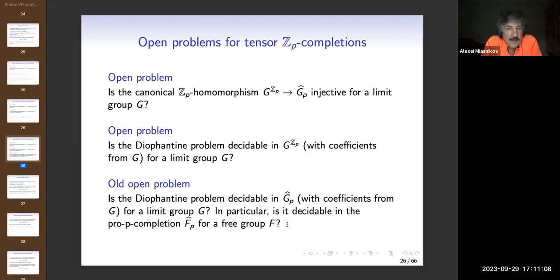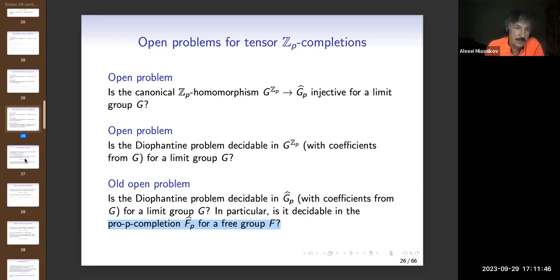Is the Diophantine problem in this group, which is uncountable, but where you consider the equations only with coefficients in the initial group G, so countably many, decidable or not? The main question is, of course, for the pro-p completion of a free group. Limit groups are similar, but it's much more complicated, and it's not clear even for a free group. It would be very interesting to see what's going on.